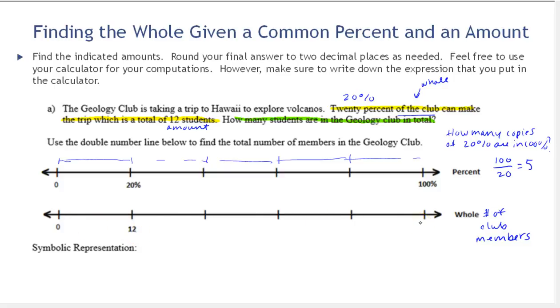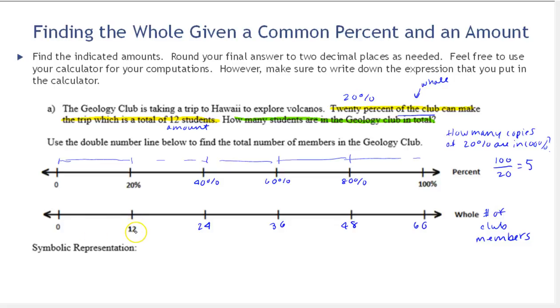So we can think of, if 20% is 12 students, then this is 40%, which is 2 times 20% of the students. This is 60%, which is 36 students. 80% of the club is 48 students, and 100% of the club is going to be 60 students, or 5 copies of 12.